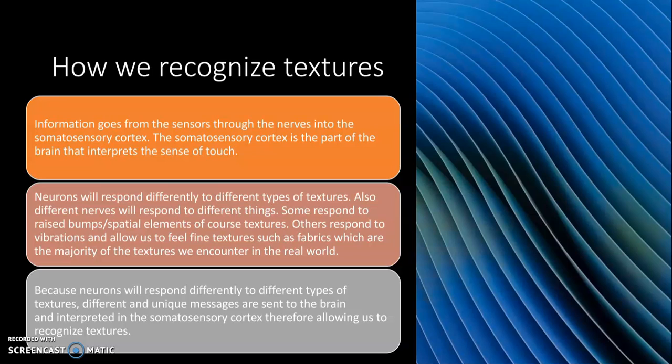Because neurons will respond differently to different types of textures, different and unique messages are sent to the brain and interpreted in the somatosensory cortex, therefore allowing us to recognize textures.